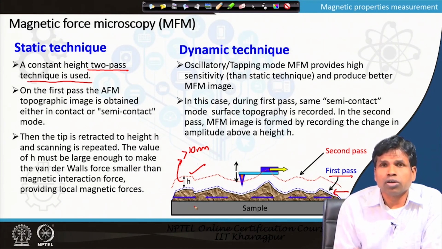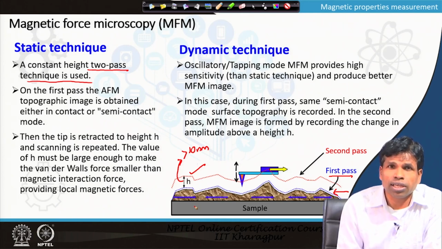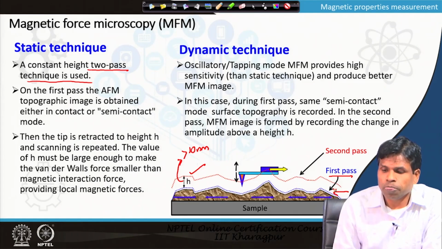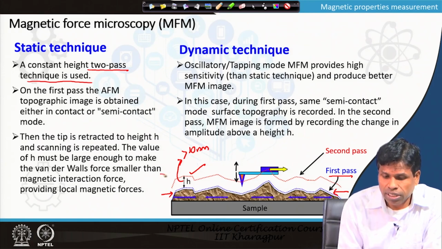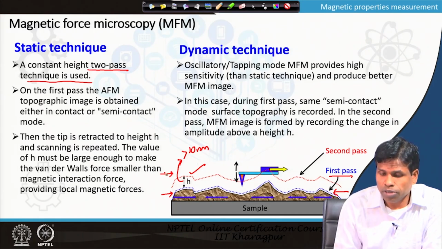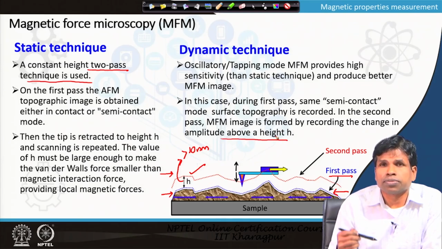In the dynamic technique, which is most commonly used, the first pass is in the contact mode. It can be static mode, that means following the surface of the sample with a constant force, or it can also be in the oscillation mode. And the second pass is always in the oscillation mode. So, the second pass is recorded at an amplitude above the height h.